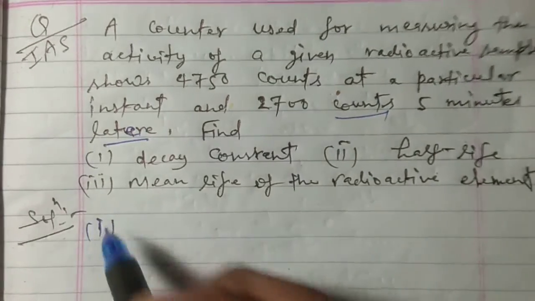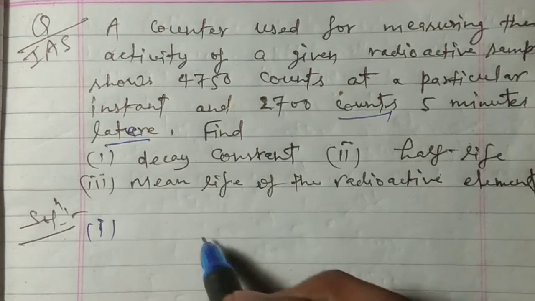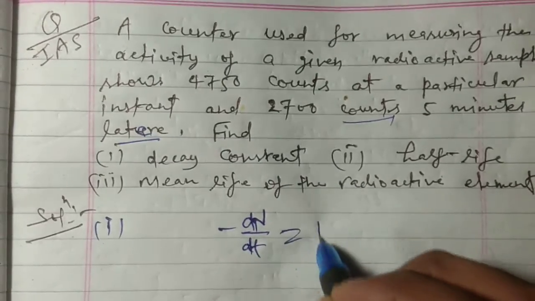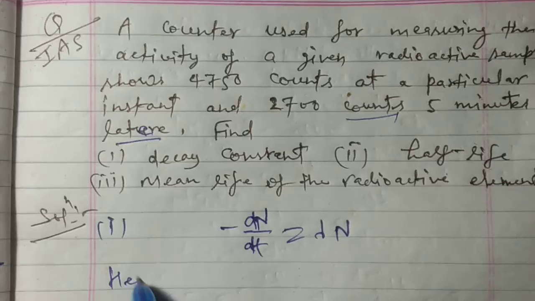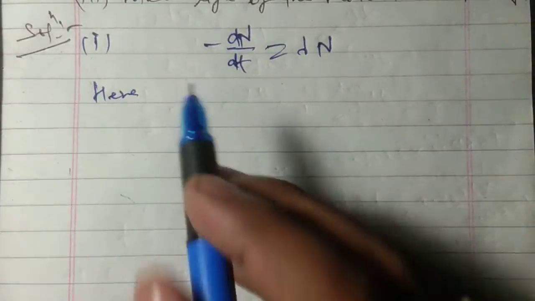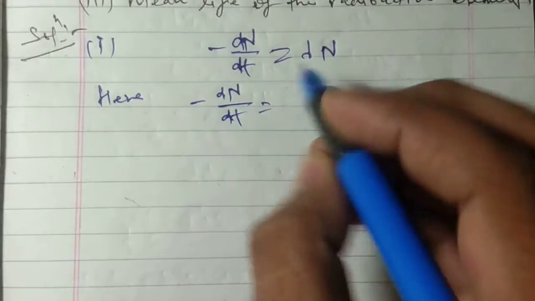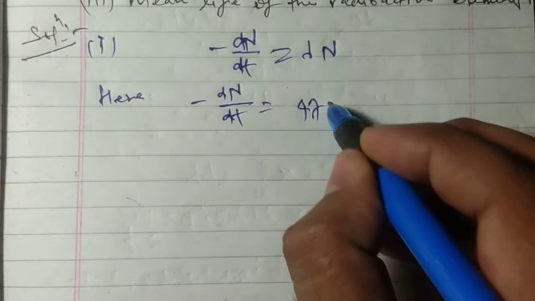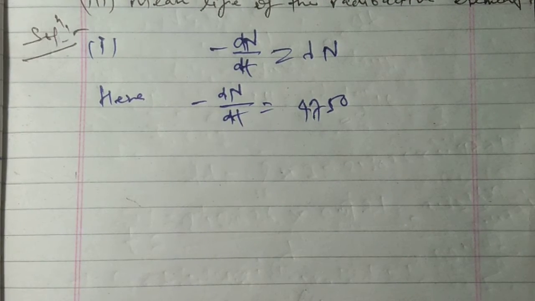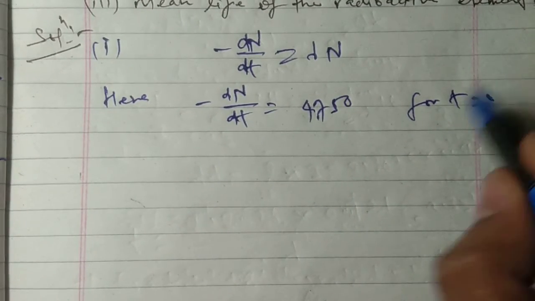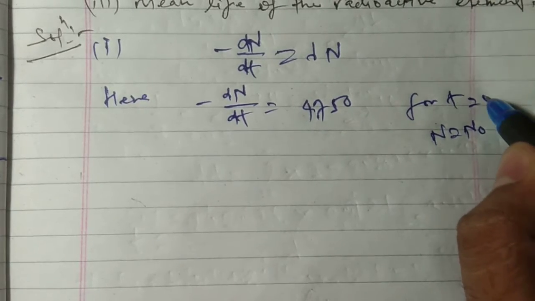So for the first question, we know that the rate of disintegration, that is dN/dt, is equal to lambda N, and here it is given that minus dN/dt is equal to 4750 for t equal to 0, N equal to N naught initially.